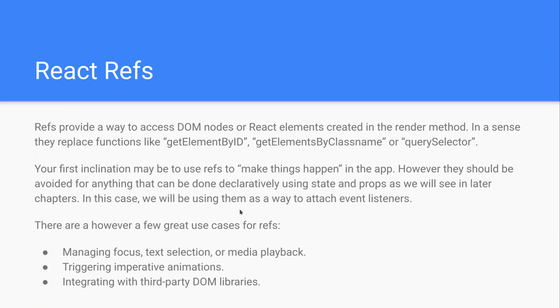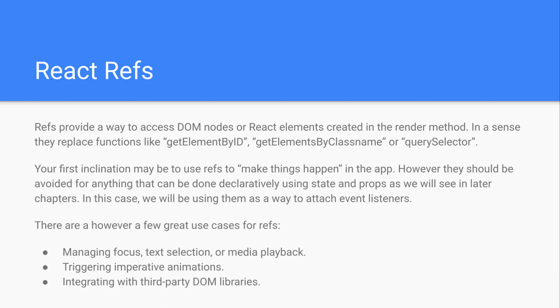For example, when we want to manage focus on a text input, manage text selection, or when we have a media player, like you have on YouTube, and you want to trigger the play and pause functions in the player. They're also very good for integrating third-party DOM libraries and for triggering animations.